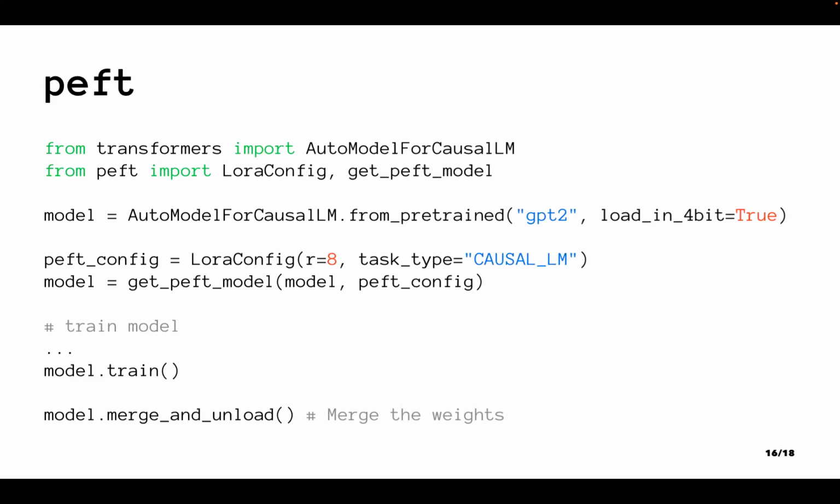Then you have this LoRA model, on which you do the training, and at the end you can call merge and unload, which will add those deltas back to the weights and save the model as if it was the original model.